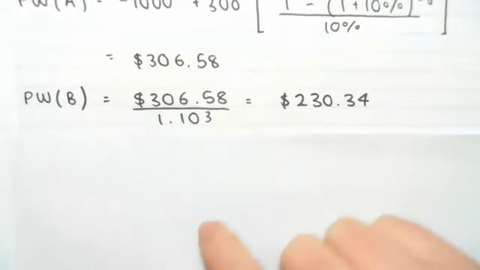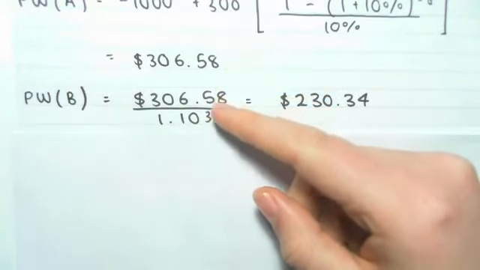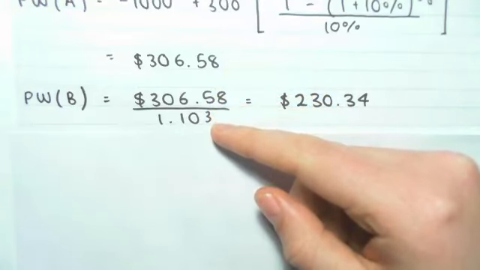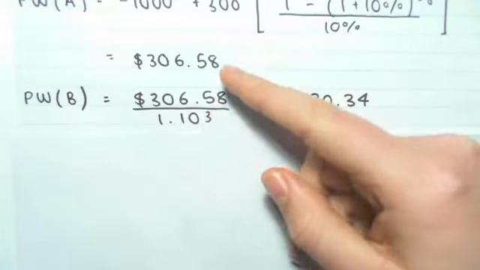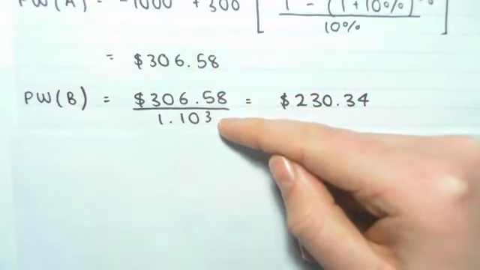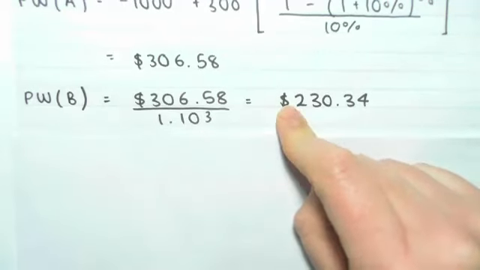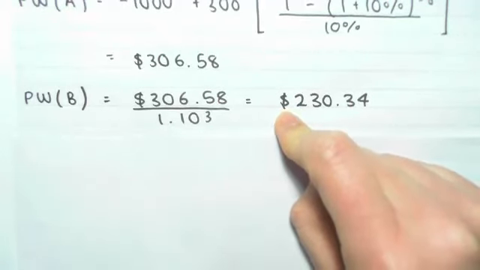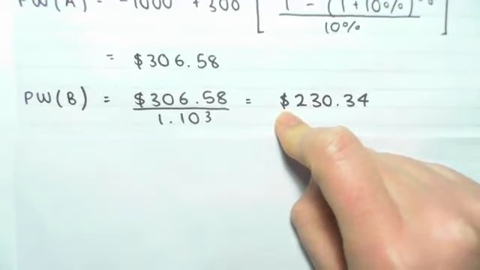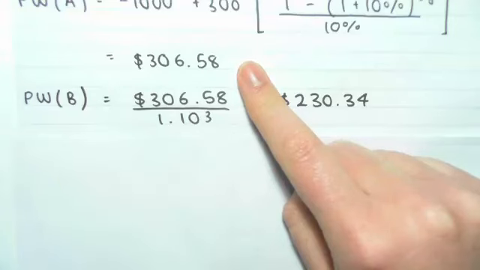Then on project B, as I said, because project B is simply project A deferred 4 years, if you take this present worth, that would be at the end of year 3. So then discounting this 3 years at 10%, we get $230.34. So if we had to choose between these projects, we would choose project A because it has a higher project present worth than project B.